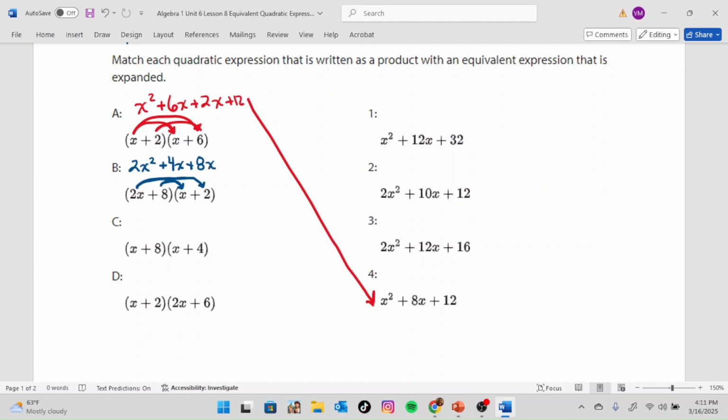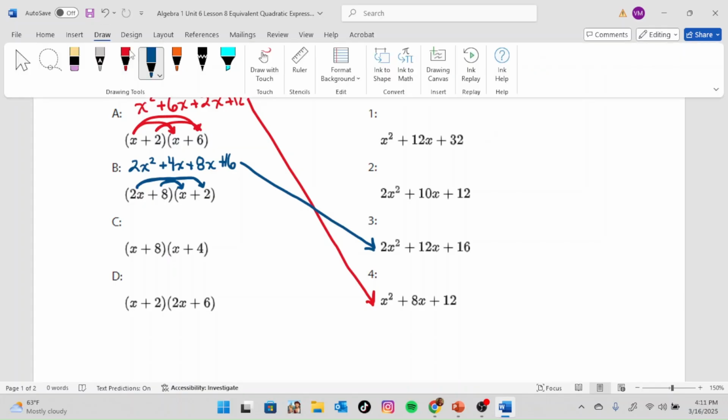And 8 times 2 gives us 16. So we add 4x plus 8x and get 12x, and we have 2x squared plus 12x plus 16, and we see that here in number 3.